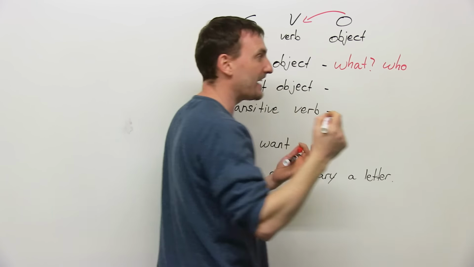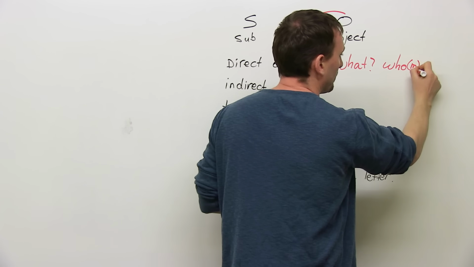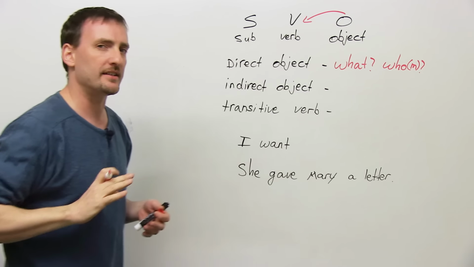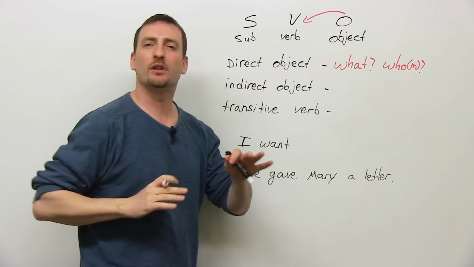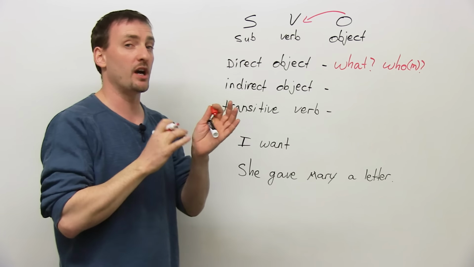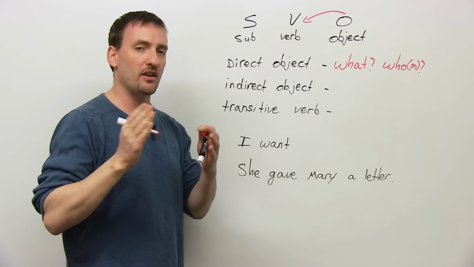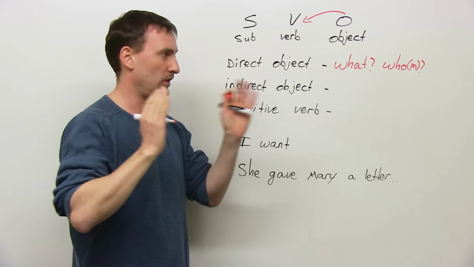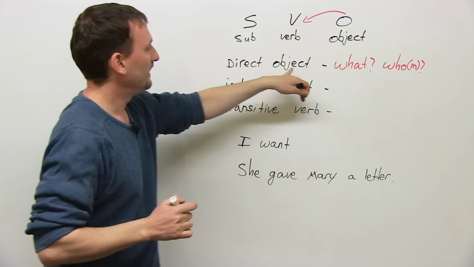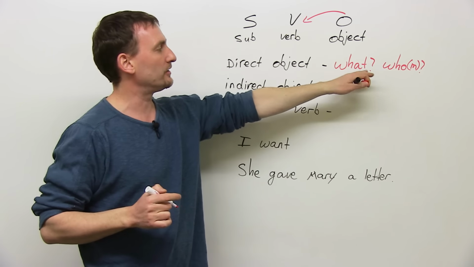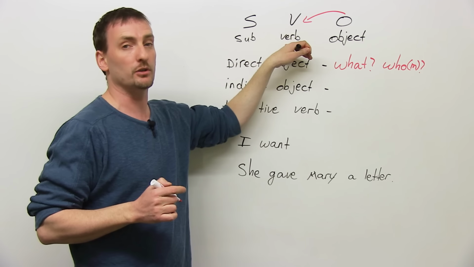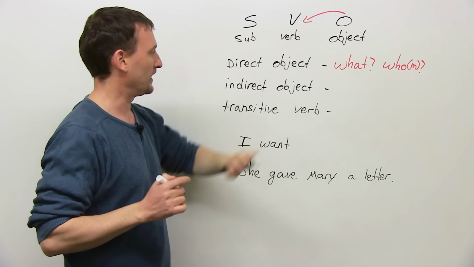Now, keep in mind that technically, it's whom. But if you say who, I'll let it go this time, okay? Formal academic writing, whom, whom, whom. IELTS, TOEFL, SAT, all that, whom, not who, in the object position. But the direct object answers who or what about the verb. Okay? We'll get back to that.